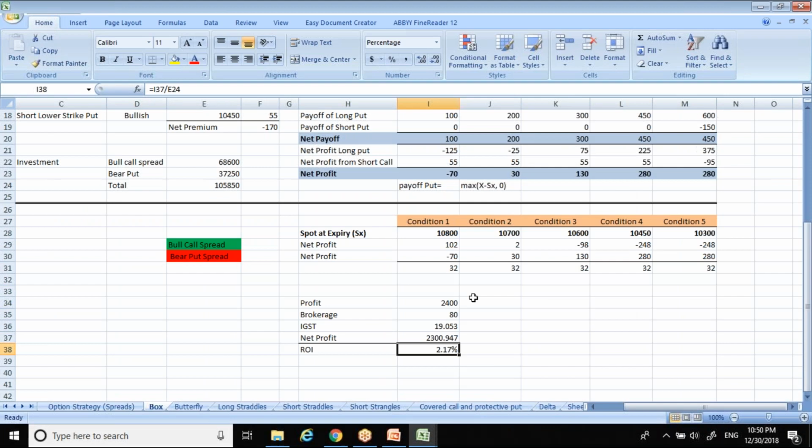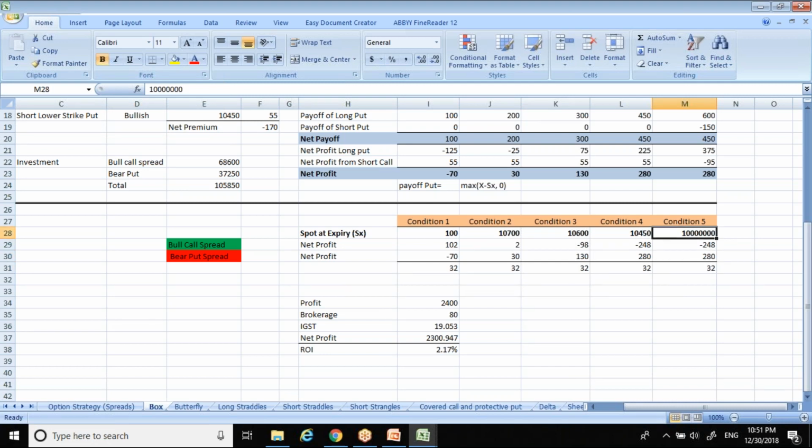Now box is a strategy which gives you fixed profit. It is a mix of a bull call spread and a bear put spread. If you apply both these strategies together, you have a guaranteed profit. So no matter where the Nifty goes, it gives you 32 rupees profit.